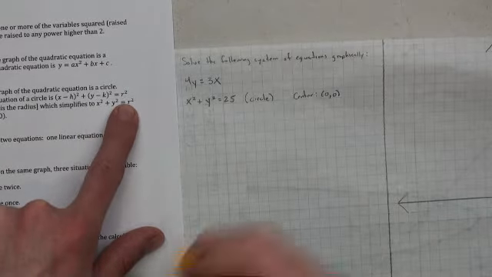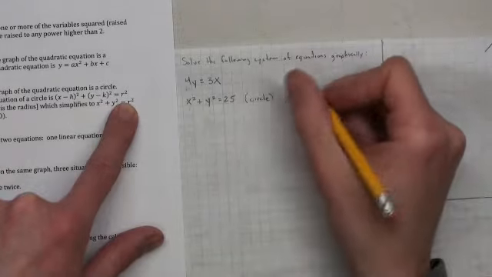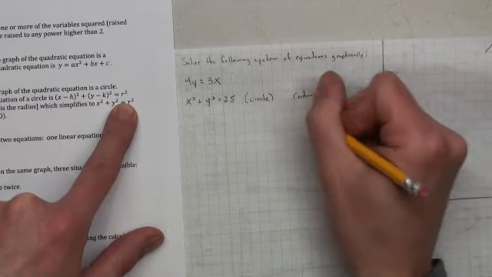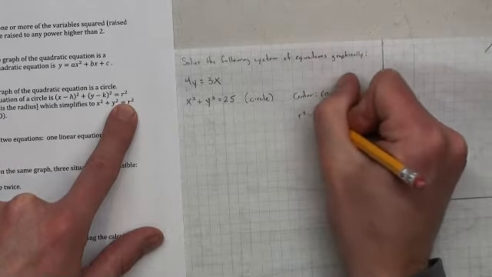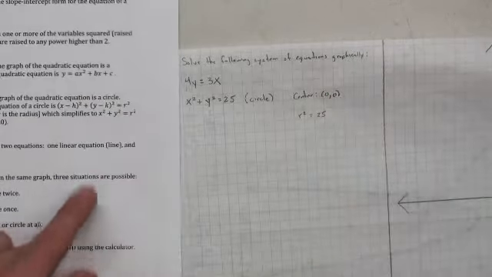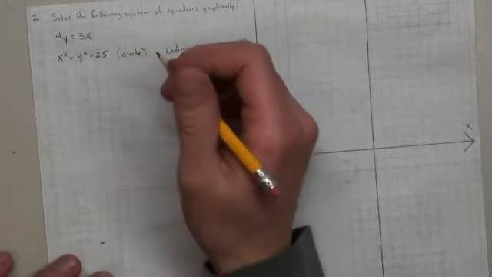Now my r squared equals 25. So to find my radius, I just take the square root of both sides.